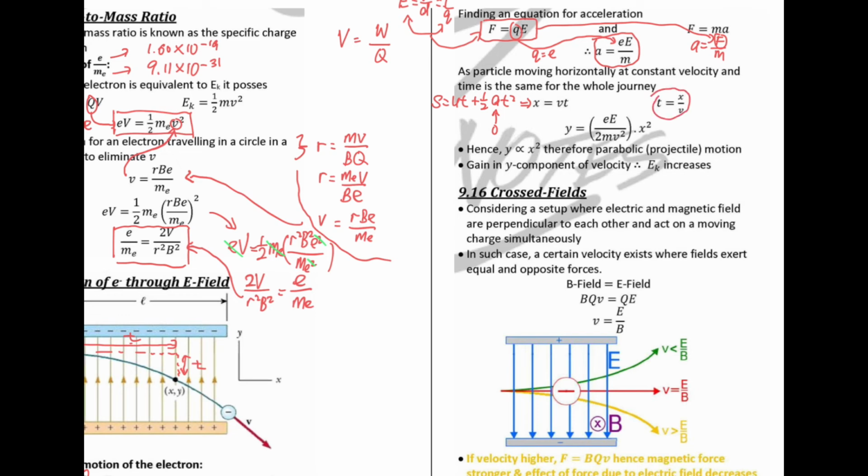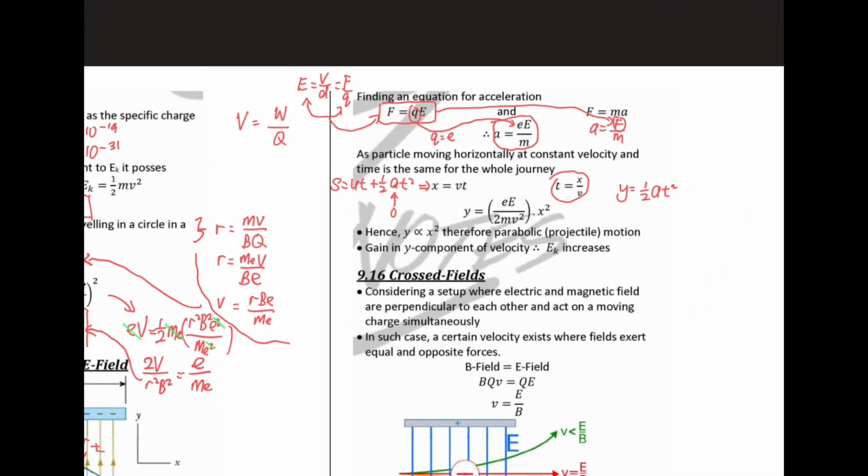So they substitute these two equations into our result just now. Our result just now on the left bottom of the page is y equal to half at square. They substitute a here and t here, then end up with this result.